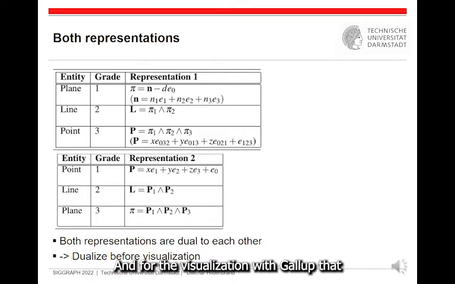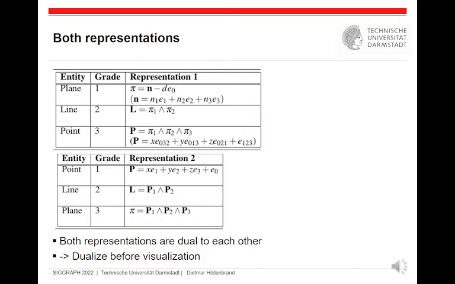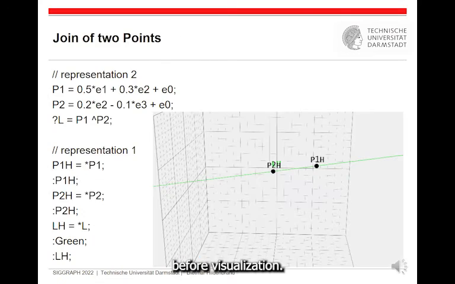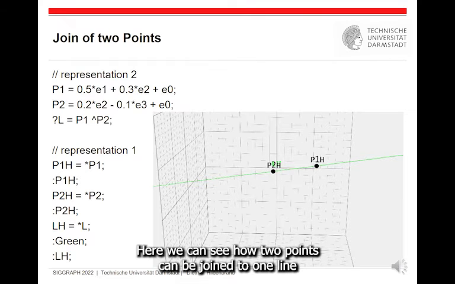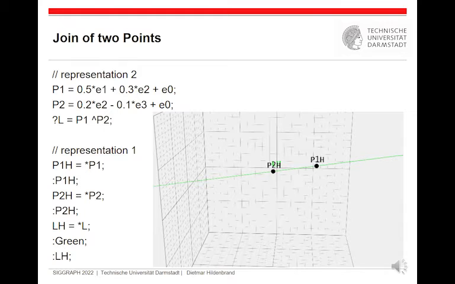And for the visualization with Gallop Web, the representation 2 has to be dualized before visualization. Here we can see how 2 points can be joined to one line in representation 2. P1 here is defined as 0.5 E1 plus 0.3 times E2 plus E0, and this means we realize that the x-coordinate is 0.5 and the y-coordinate is 0.3.